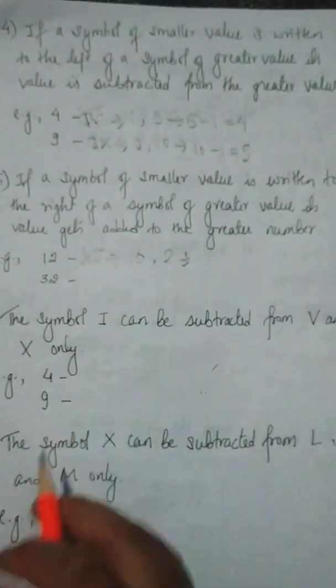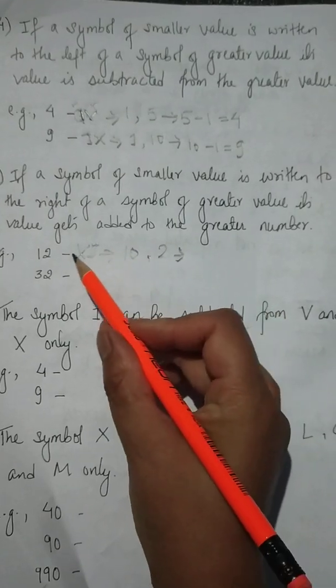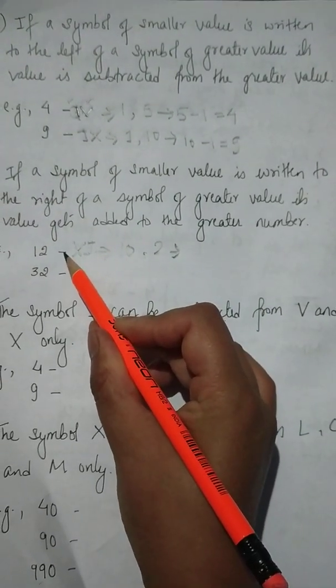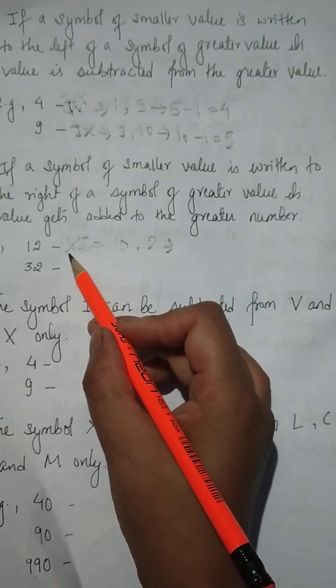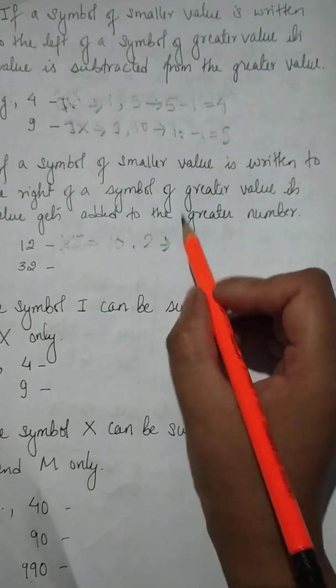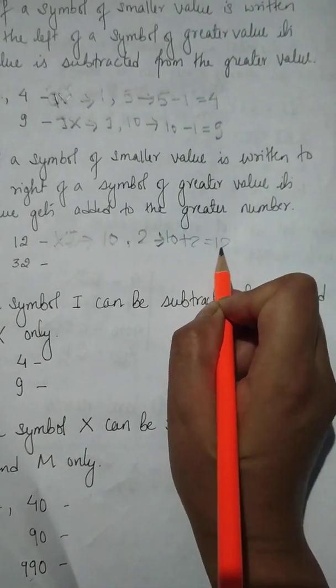Now see, in this case, the smaller value is not on the left-hand side. Instead, the smaller value is to the right of the greater value. So in such cases, we need to add. So 10 plus 2 gives you 12.